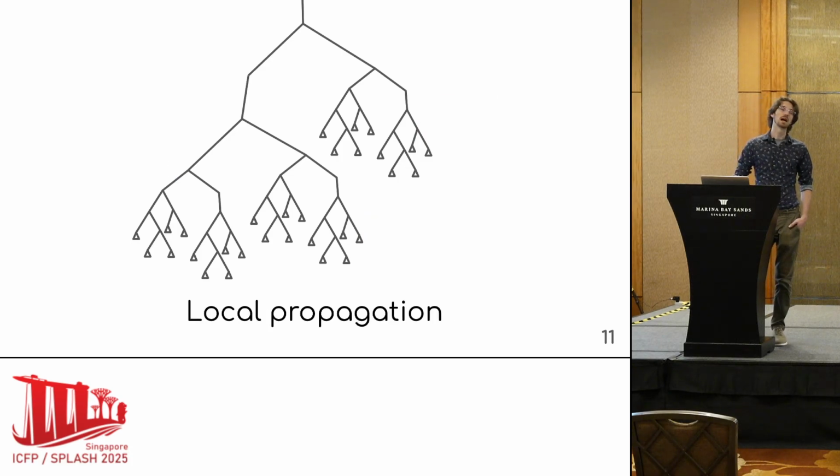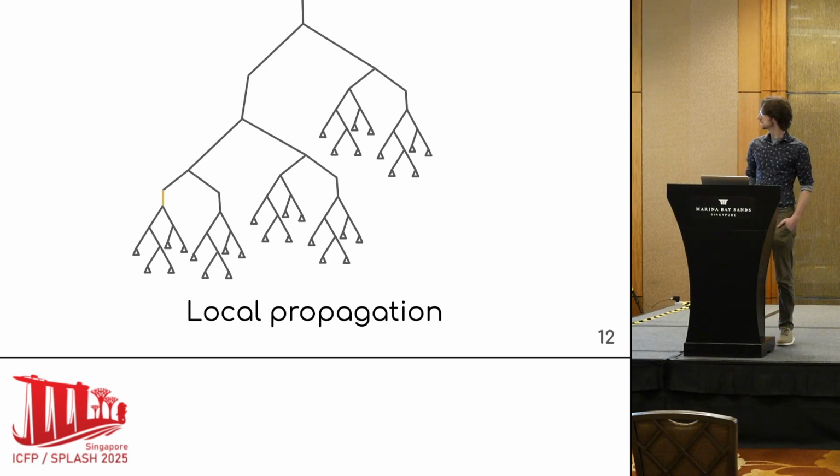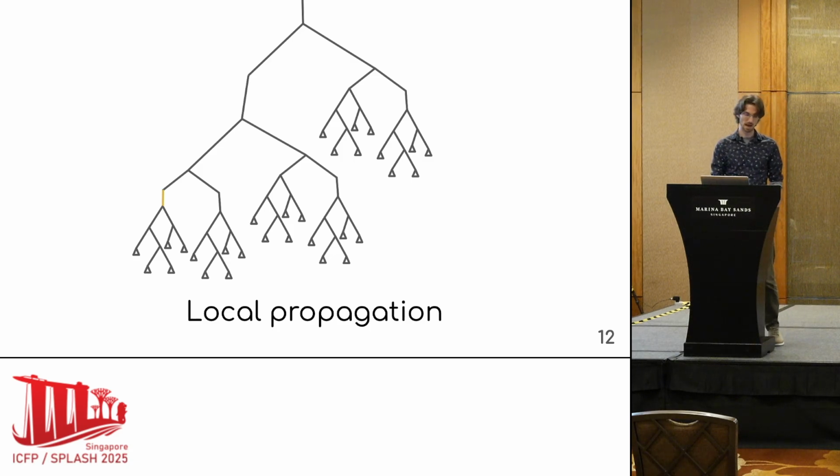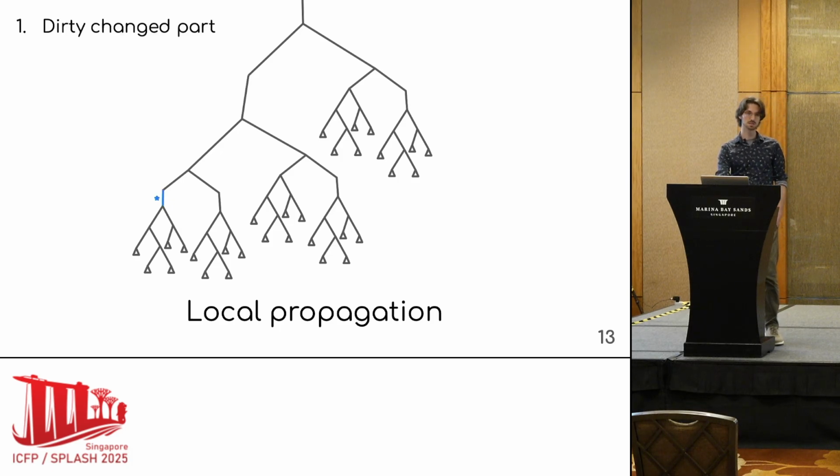Okay, so how might we incrementalize the calculation of these attributes? Well, let's imagine an edit comes in. So I've displayed in gold adding a node to the tree. This kind of represents wrapping a subterm in a unary term constructor. So step one of our algorithm is to mark that changed part of the program as dirty.